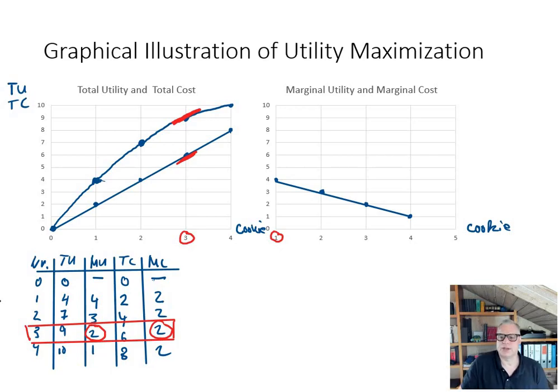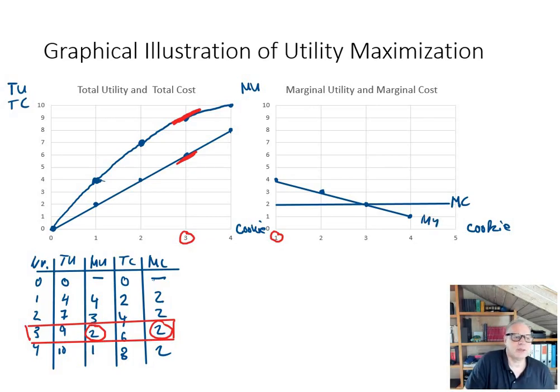So this is now here the marginal utility, and the marginal cost is always 2, 2, 2, 2. So the marginal cost is a straight line. So here we have the marginal cost, and here we have the marginal utility.